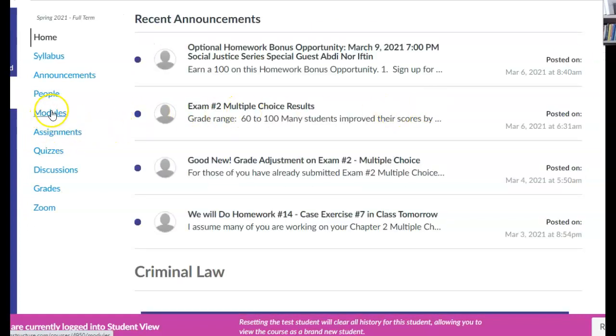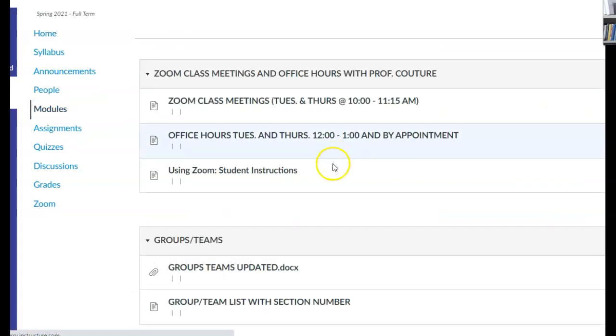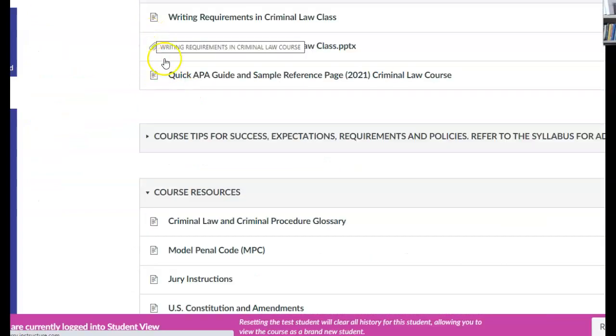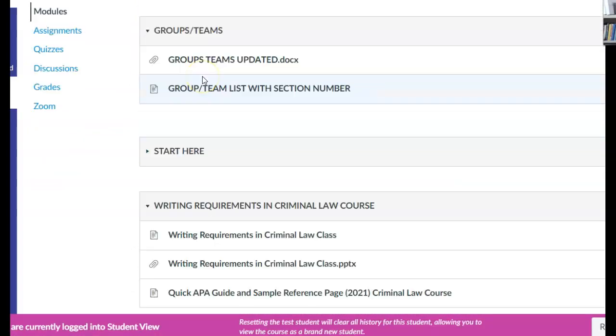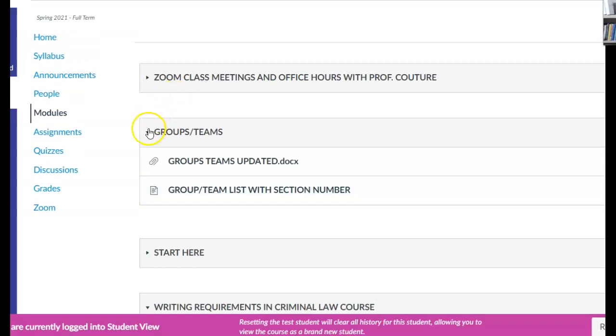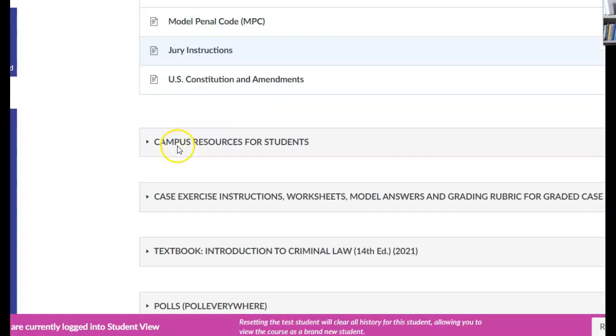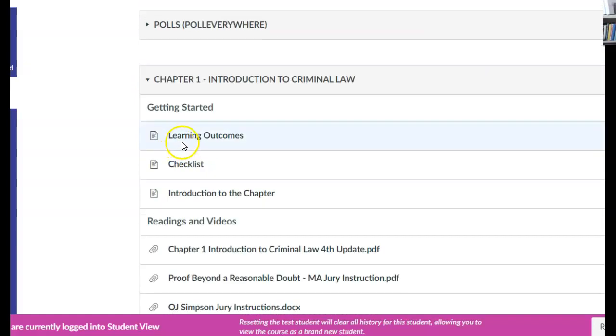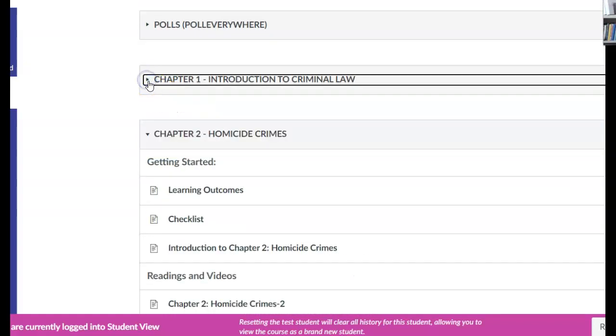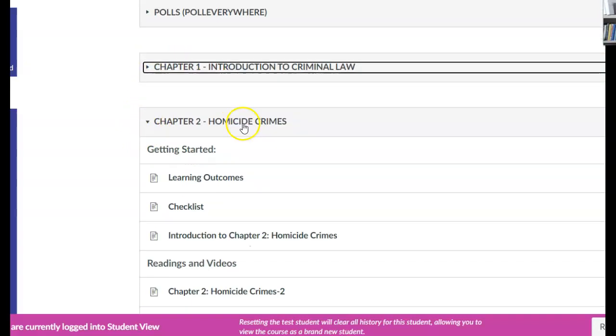When you reach your Canvas homepage and you go to modules, which is typically where you all are going anyway, remember that you can click on the little arrows to minimize materials that you aren't particularly interested in. For example, we finished with chapter 1, so you can close that by clicking on the arrow when it's downward facing, as shown here. If you click on it, it will collapse.